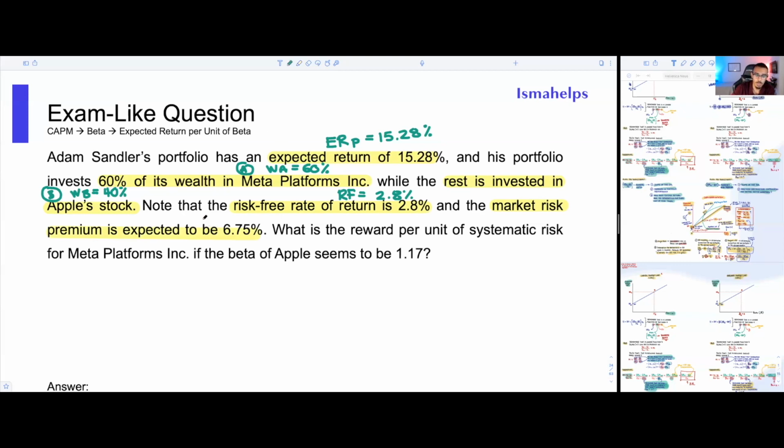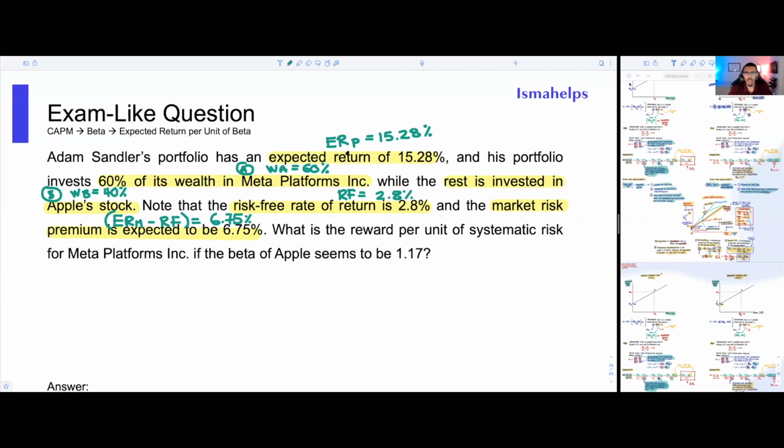The market risk premium is equal to 6.75%. So we're telling you that ERM minus RF is equal to 6.75%. This should be clear to you if you just understand what the SML formula really stands for.